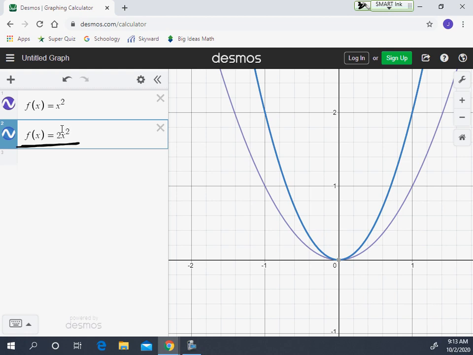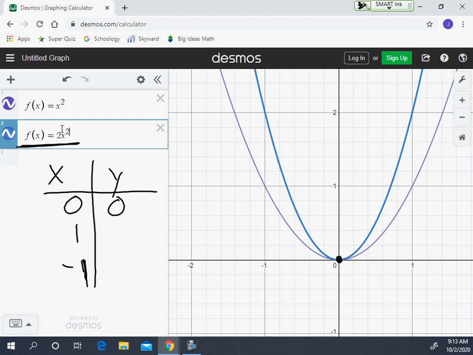Our vertex hasn't changed. That's still at 0, 0. So we have x and y. Okay, I'm just going to make a graph here. We have 0 and 0, right? This point is at 0, 0. That's our vertex.